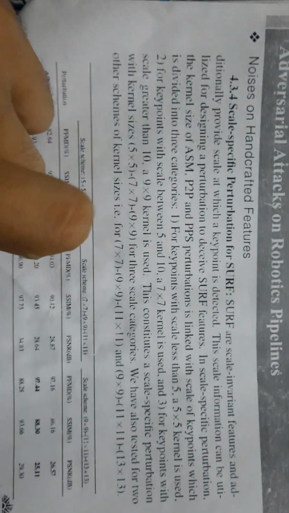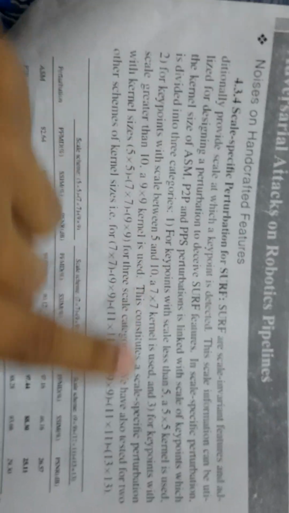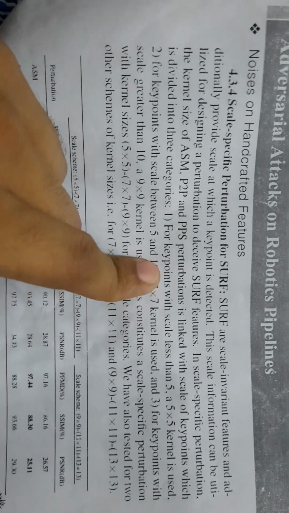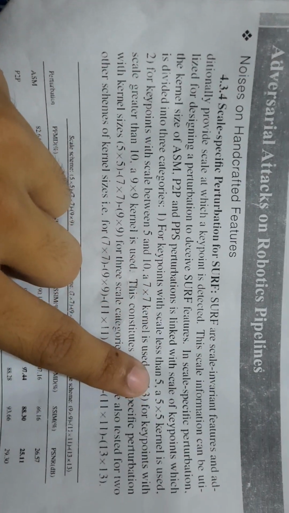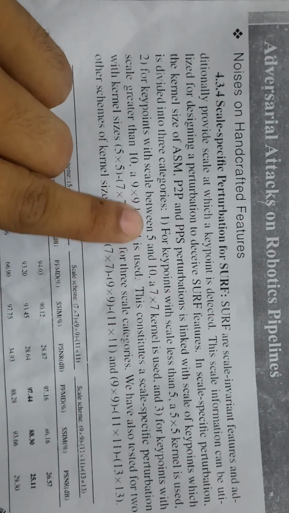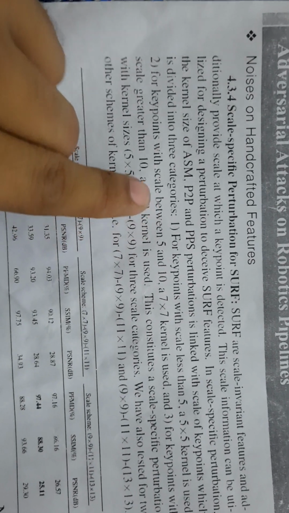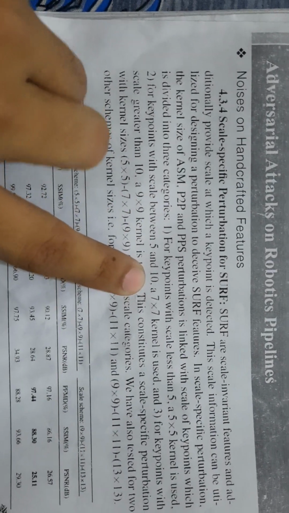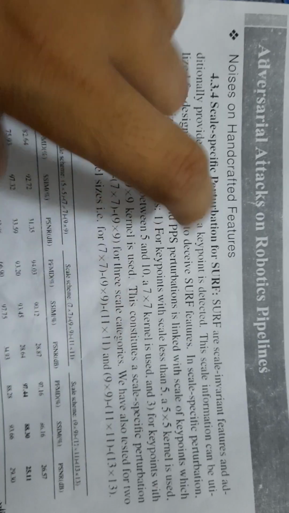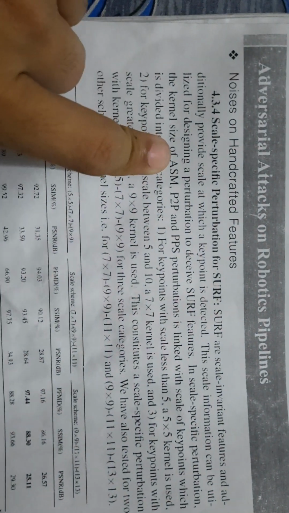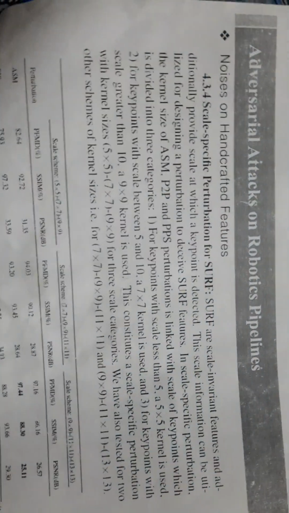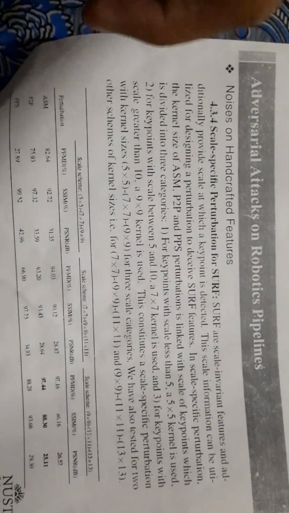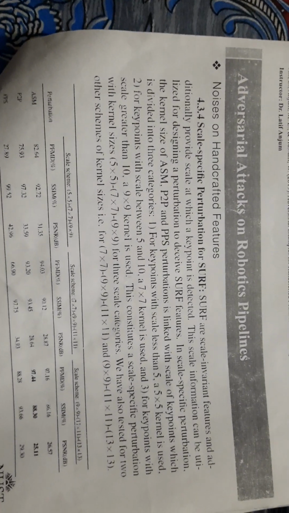So they decided on a strategy: let's take a 5 cross 5 kernel when the feature is extracted at a scale lesser than 5. If the scale is between 5 and 10, choose a 7 cross 7 kernel, and then apply the same things that you did here. They just change the kernel size with respect to the scale on which the feature is detected, and they managed to deceive SURF as well.